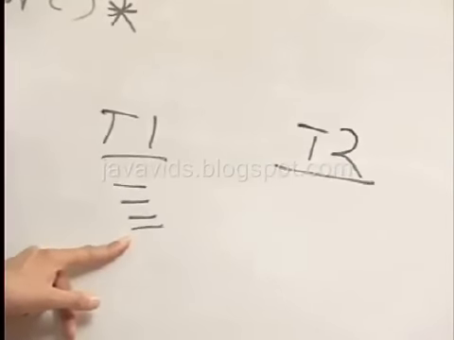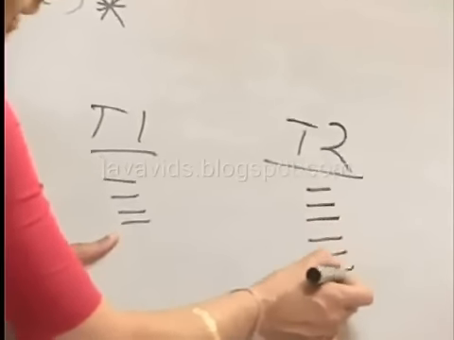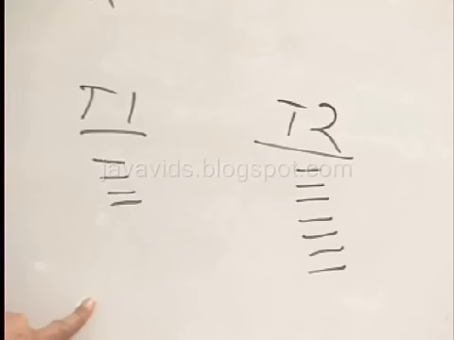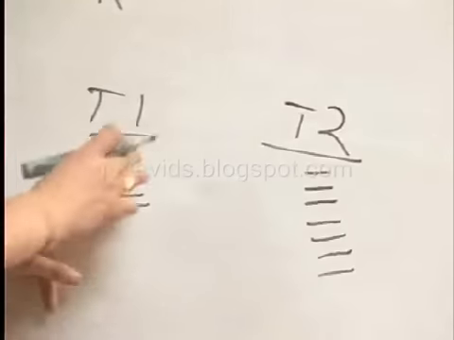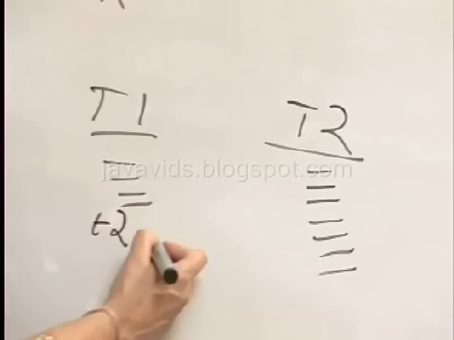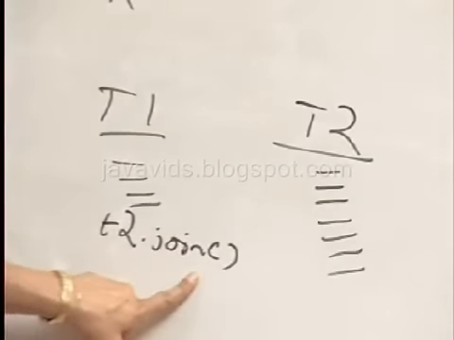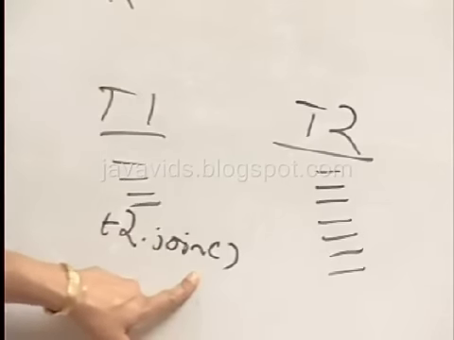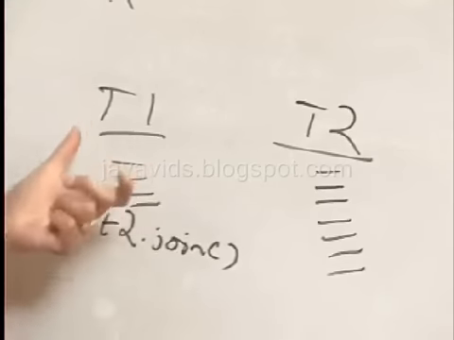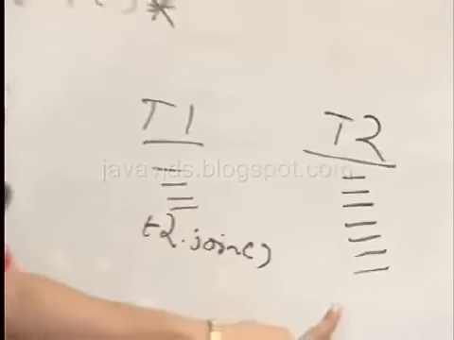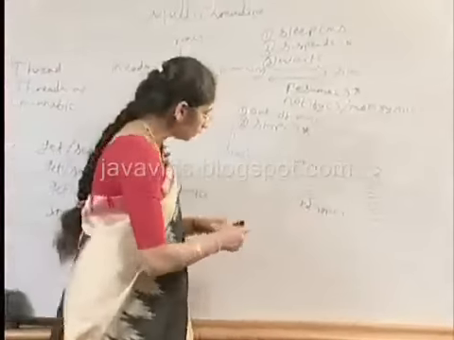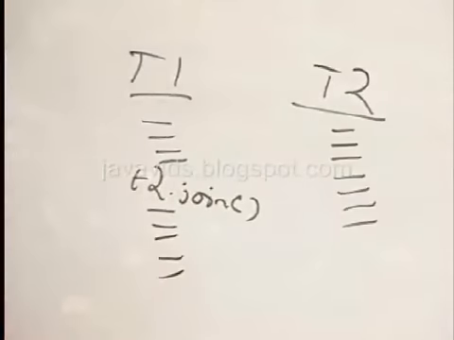Thread 1 has executed some amount of its functionality, after which it would need to wait till thread 2 completes and then it should continue. Then what you need to do is, in thread 1 you ask thread 1 to wait till thread 2 completes. So you say thread2.join inside of thread 1. So this goes into a join state wherein thread 1 waits till thread 2 completes. Once thread 2 dies, then thread 1 continues with its further execution.